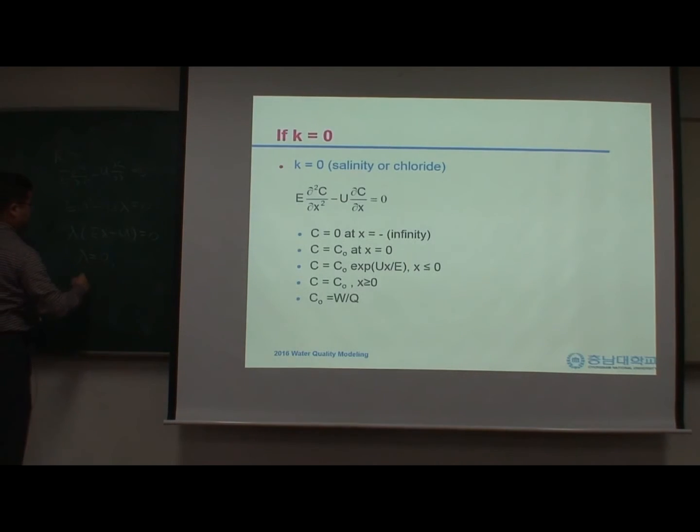One lambda is 0, the other lambda is u over lambda. Okay?